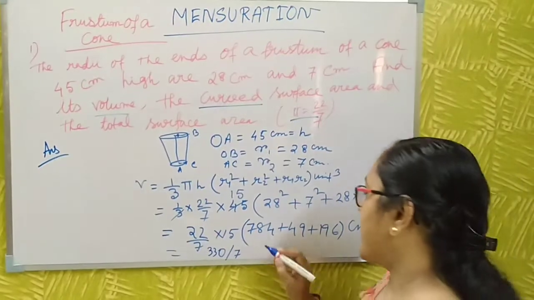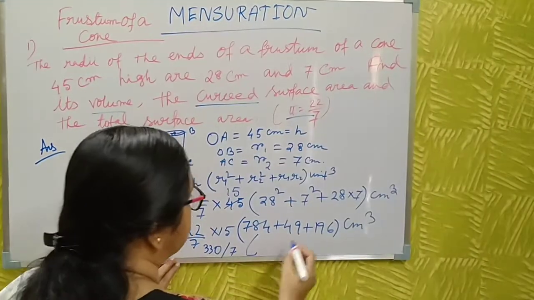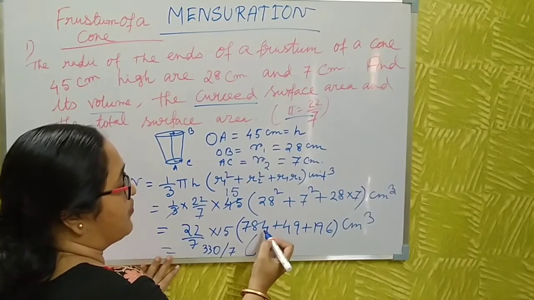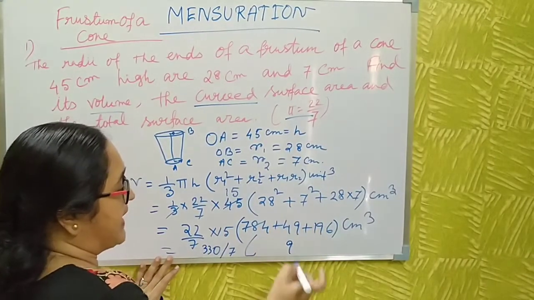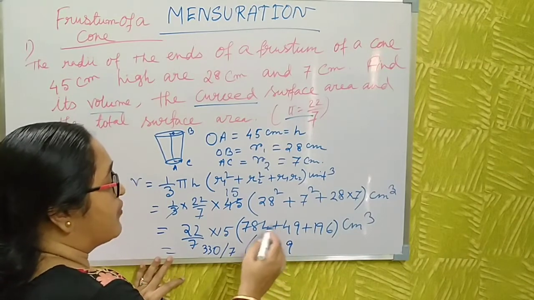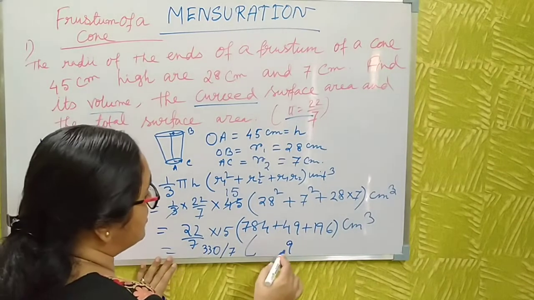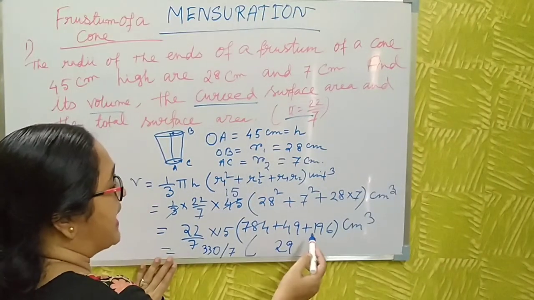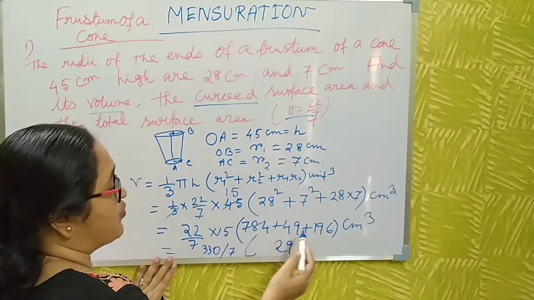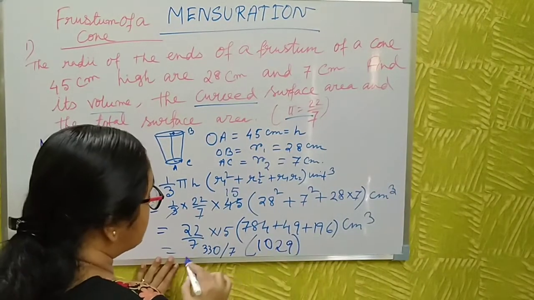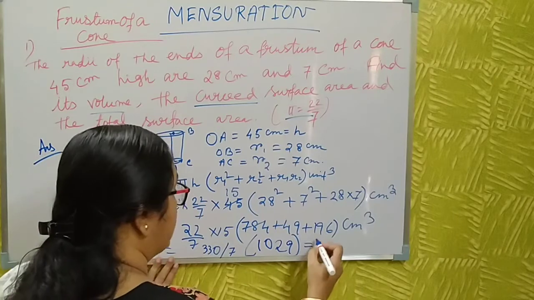Now do the addition here also. 6 and 4, and 9, and 1 carry. This is 10 plus 4 is 14, 14 plus 8 is 22, write 2 and carry 1, and then 7 plus 1 is 8, plus 2 is 10. Then you just do the multiplication.